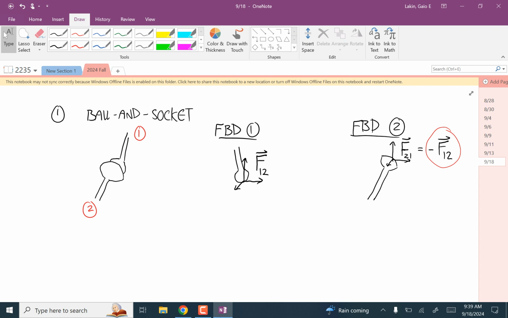What joints do we have here? Okay, here's a ball and socket joint. So thinking about this, you can see if you try to translate, I'm going to say my x-axis is this way, and I'm going to think of the socket as fixed and just try to move the point of contact this way.